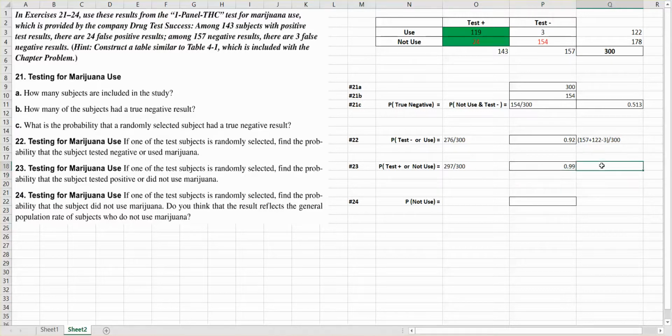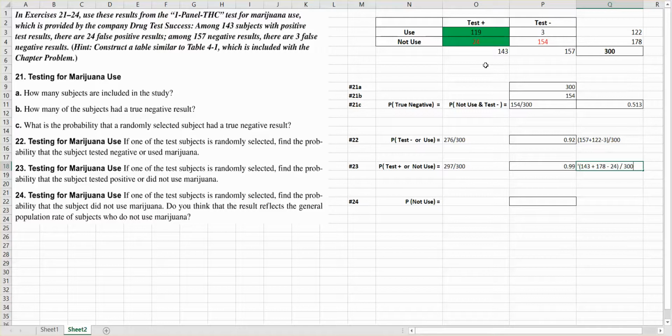And again, we could do this using the formal addition rule. We'd want everybody who tested positive, that's 143, along with everybody who did not use, that's 178. But those groups had an overlap of 24, so we have to subtract that back out. And then we could divide that by the 300.